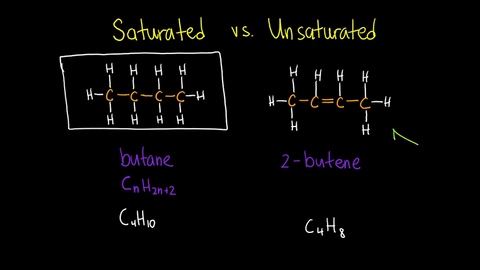We call this type of compound, a compound that contains a double bond, an alkene, hence the ending butene. So this is an alkane, and on the right we have an alkene. The ending "ene" means double bond.